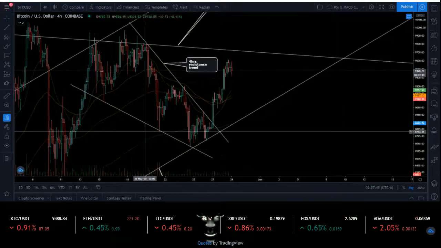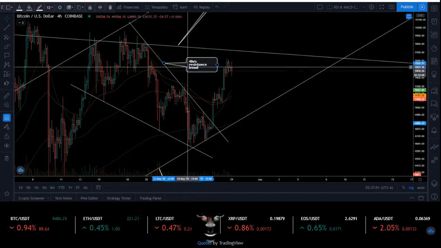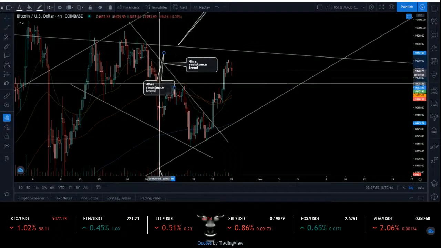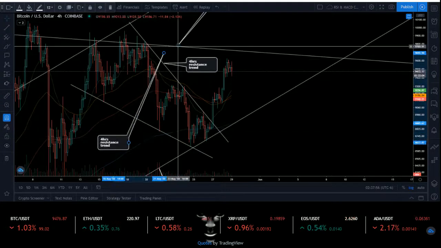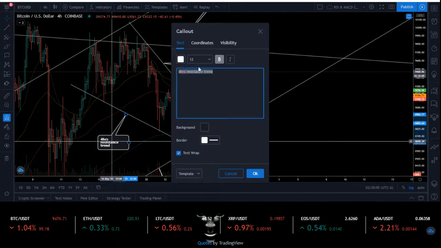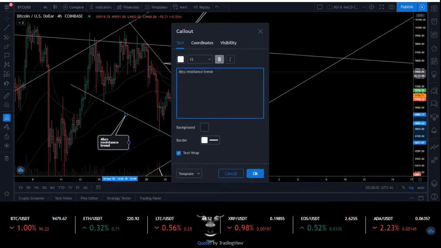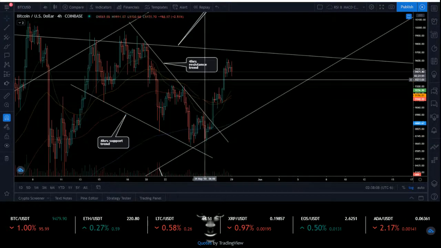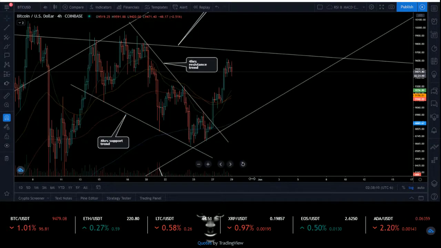Dito pwede rin. Ilagyan natin ng 4 hours support trend. Support trend. Ayan. Okay, so tapos na tayo dyan.